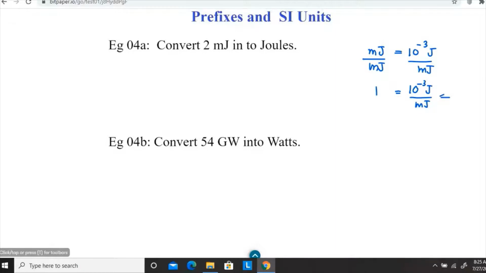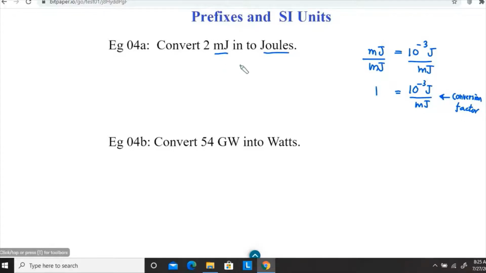Now this fraction on the right hand side is called the conversion factor. So we need the conversion factor to make the change from millijoules to joules.